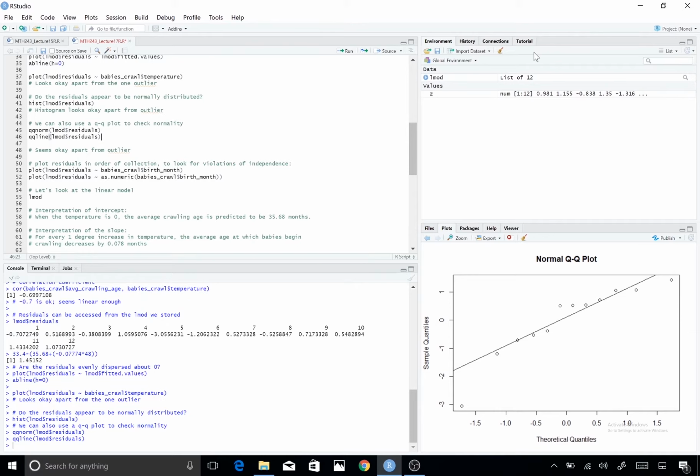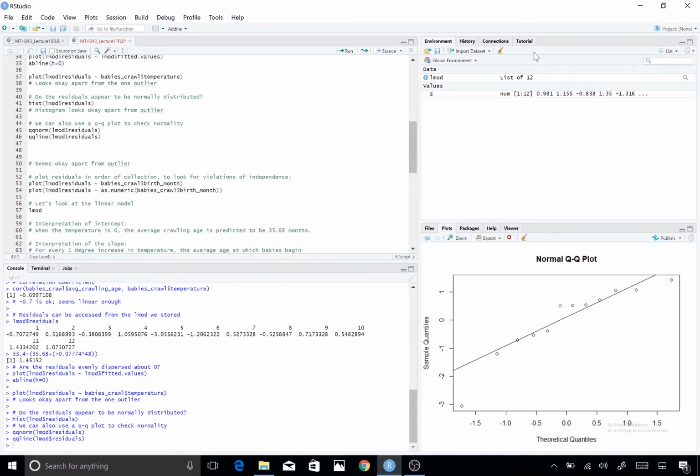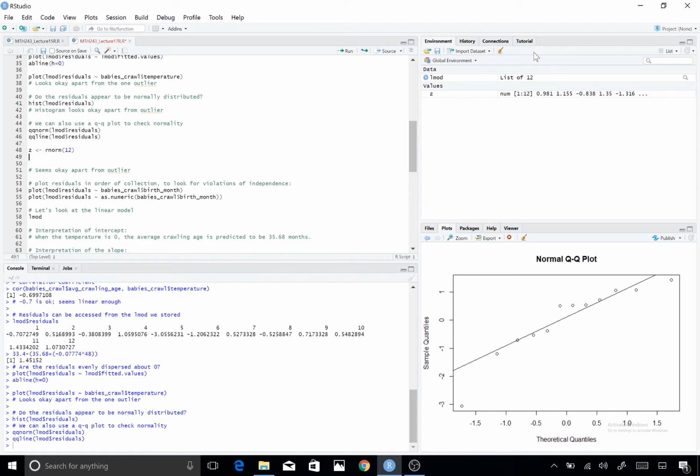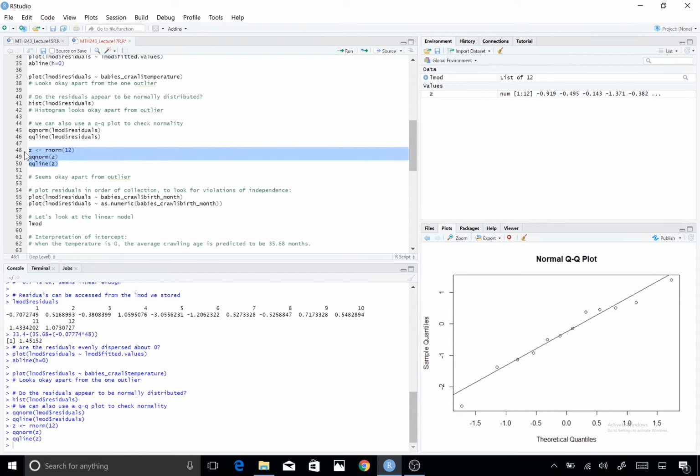Let me take a sample of 12 normal random variables and see how that compares to our residuals. I'll run this a few times.